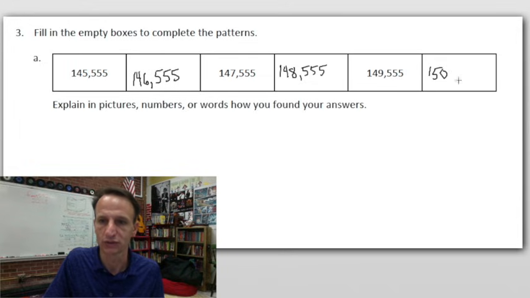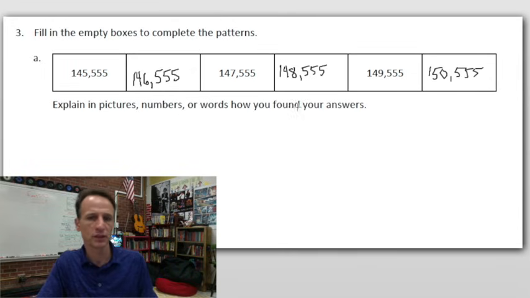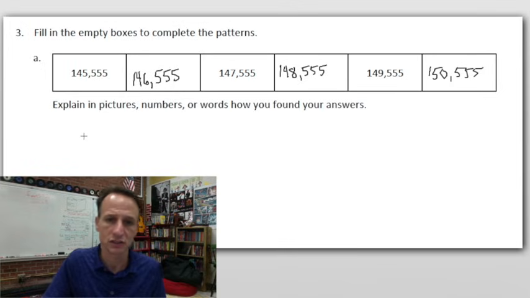And even though we're going from a 9 over to the next 10 here, it's quite easy to just count it up there. And then, so we're going to explain in pictures, numbers, or words how we found our answer.